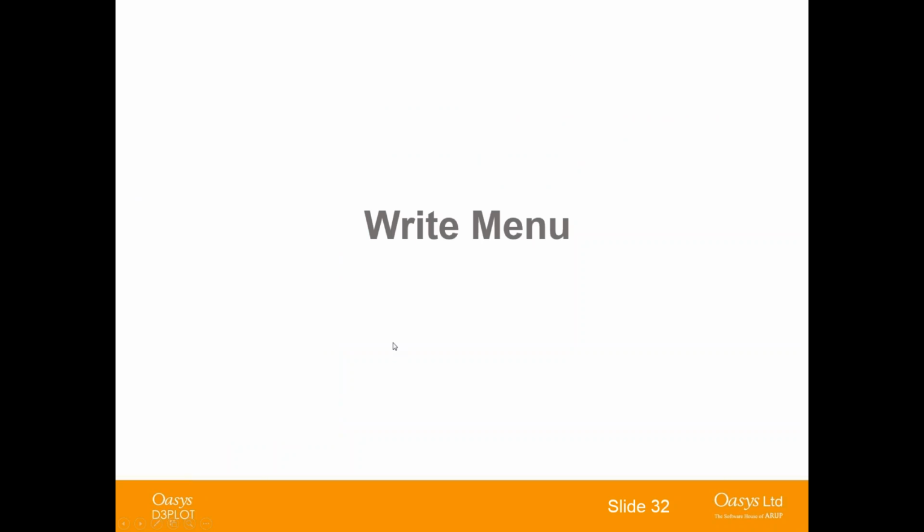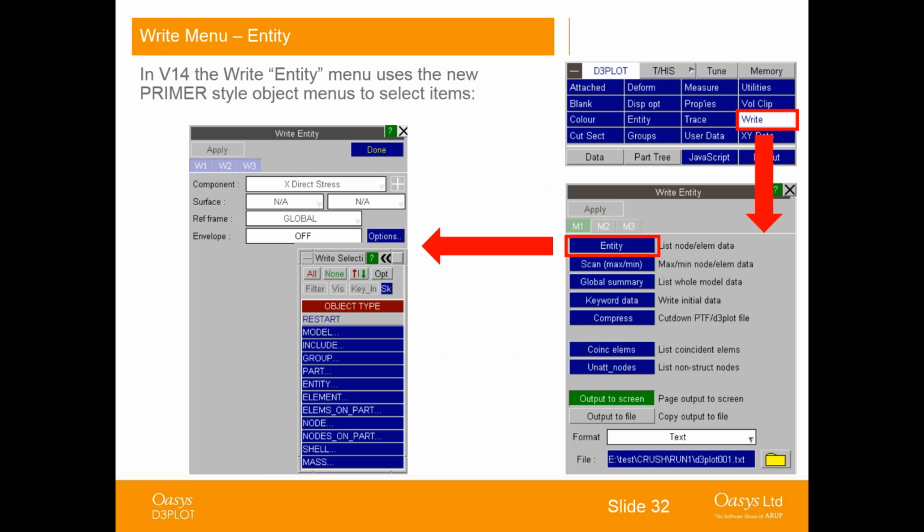Okay, so the next item is the write menu. In version 14, the write entity menu used the same Primer style object menu. So again, we're being consistent, reverting from the previous individual panels to the Primer style menus. So we can go to write, entity, and then we get the Primer style menu.